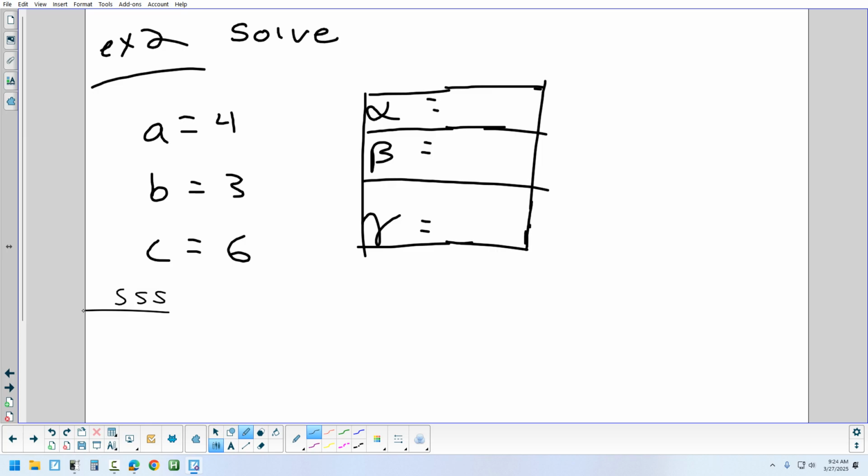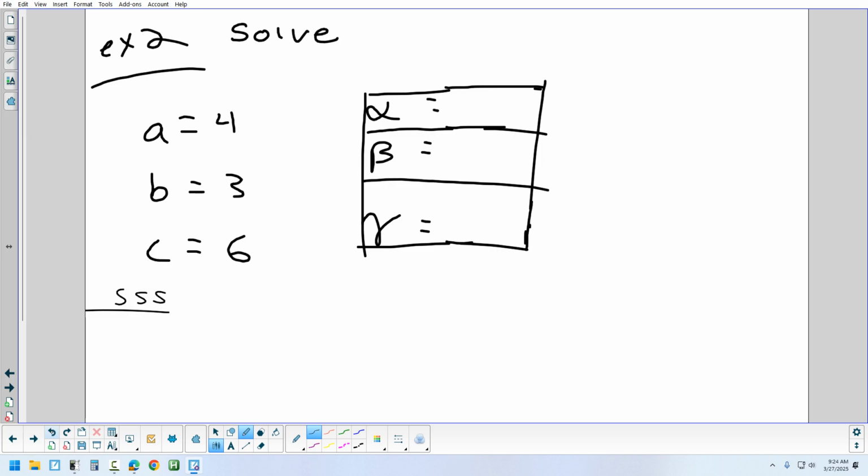Two sides added should be bigger than the third. Right, just check that any 2 sides added together are bigger than the third. 4 plus 3 is 7, that's bigger than 6. 6 plus 3 is 9, that's bigger than 4. 4 plus 6 is 10, that's bigger than 3. So this is a solvable problem. If this last number was like 65, then no, that's impossible, because 4 plus 3 is only 7, that's not bigger than 65. Okay.